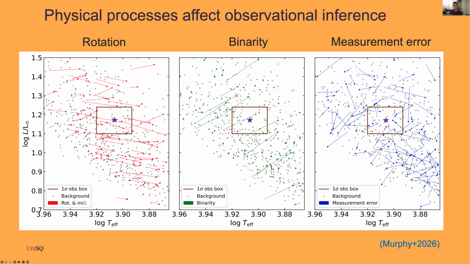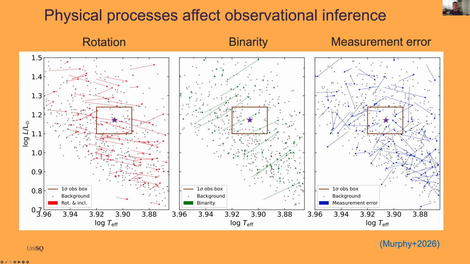The processes in particular are rotation, binarity, and indeed measurement error, because we never measure anything with perfect precision. So the effect of rotation is generally to move stars to the right in this diagram. Each of these red arrows is one instantiation of our population synthesis model, so one of the 1 million models, and it's given a random rotation velocity from the distributions I described.